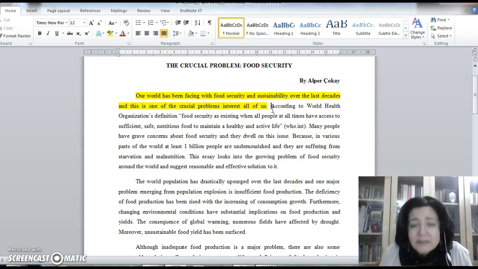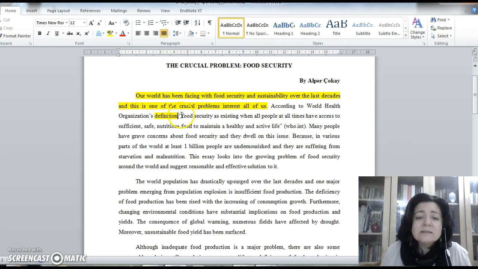But the problem, in terms of the reader, may be that your reader may not be familiar with what food security means. So the student has given us the definition of food security from the World Health Organization's website. He says, food security exists when all people at all times have access to sufficient, safe, nutritious food to maintain a healthy and active life.